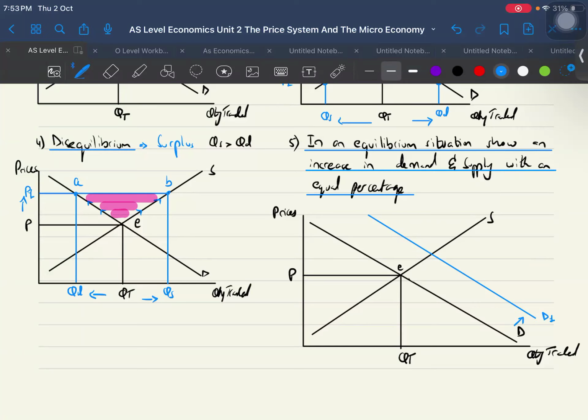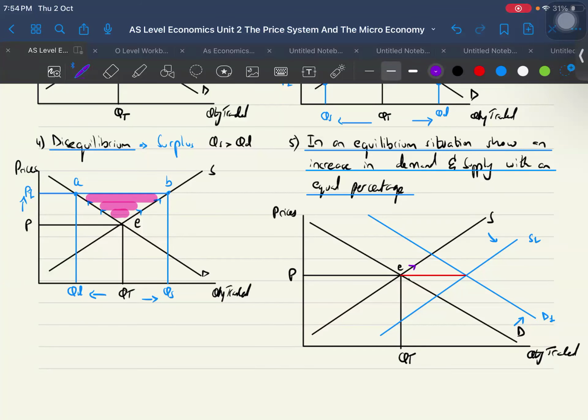And now what you're going to do is you're going to increase the supply with the same proportion as well. You can see the distance of shift of supply must be equal to the distance between the two demand curves. You can see this keeps the price unchanged.